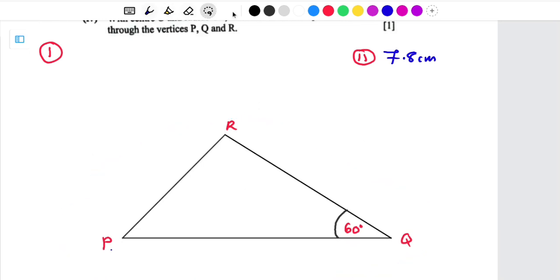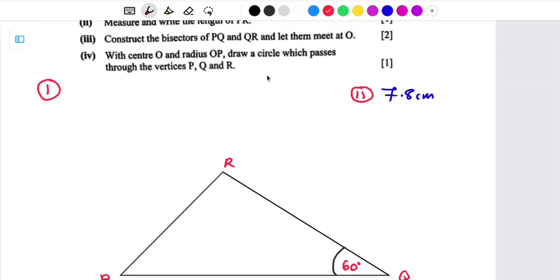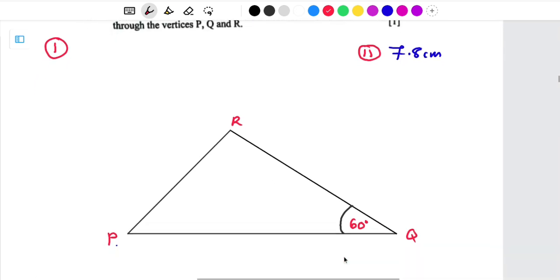Again, you have to look at now the letters which are appearing on both sides. So we have Q and Q. This Q here is appearing on both of these. So what you are going to do, you just have to open the compass and then you draw the bisectors.